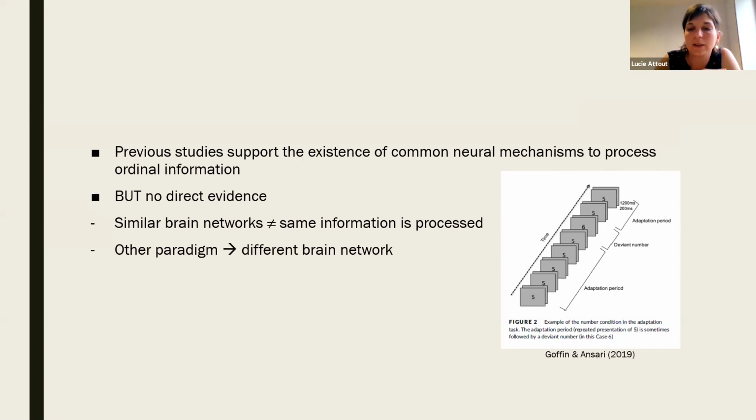And second, with another paradigm, an implicit adaptation task based on the habituation paradigm principle, a recent study demonstrated different brain networks for numerical and alphabetical distance effects.